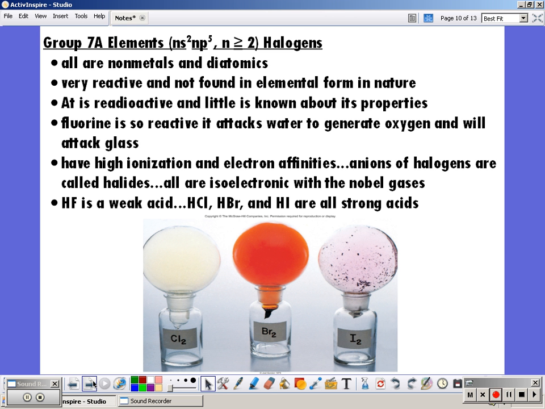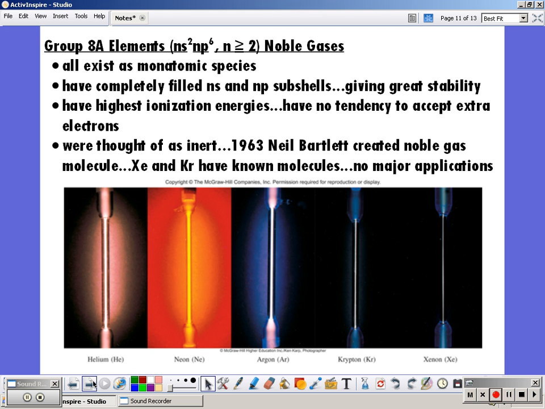Group 18, or our noble gases, all exist as monatomic species, so it's one single atom by itself. They have completely filled S and P subshells, giving them great stability. They have the highest ionization energies and have no tendency to accept electrons, so their electron affinity values are typically 0.